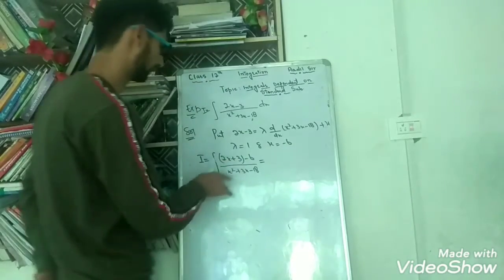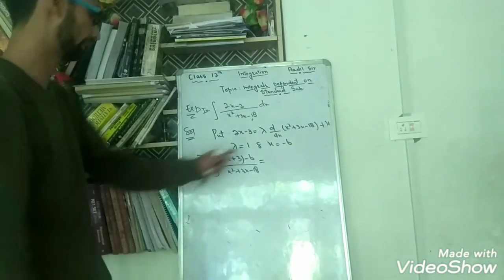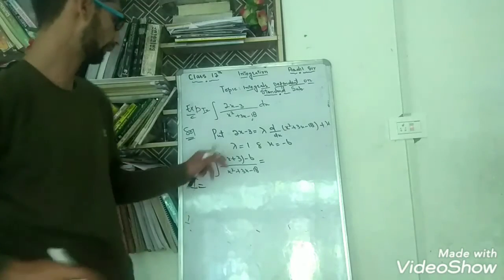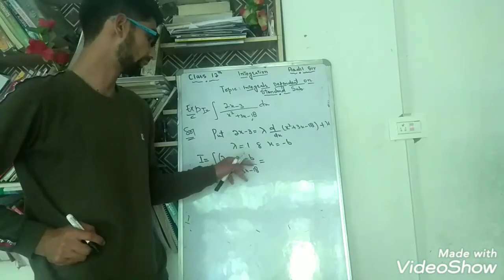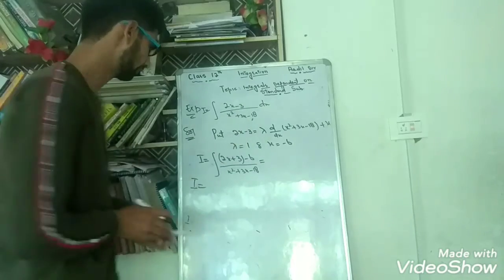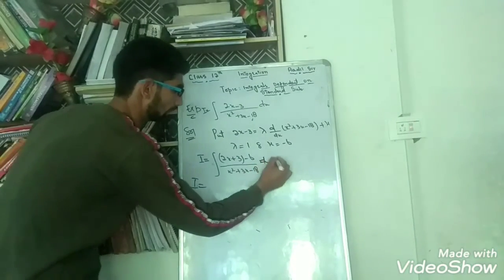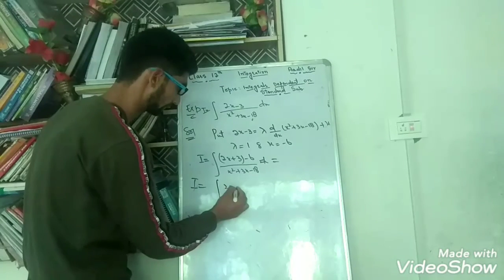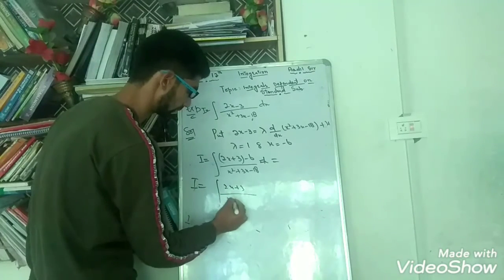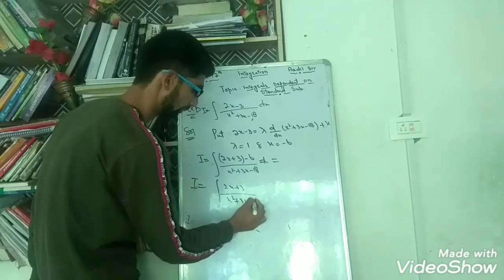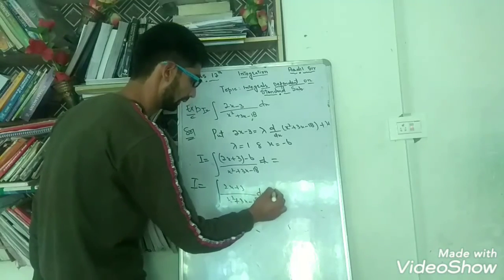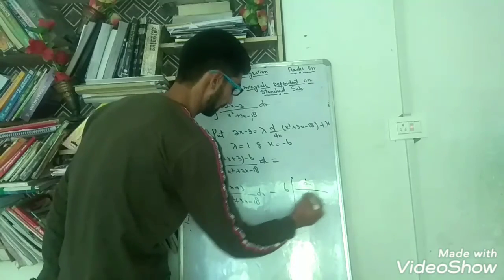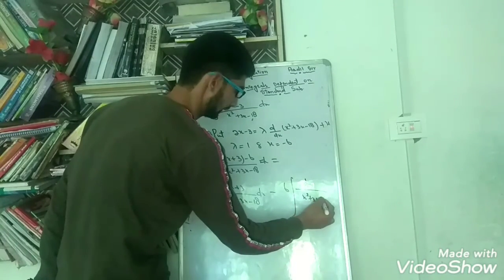Is this possible? Yes, of course, because 2x plus 3 minus 6 comes out as 2x minus 3. This will further be equal to the integral of (2x plus 3) divided by (x square plus 3x minus 18) dx minus 6 times the integral of dx divided by (x square plus 3x minus 18).